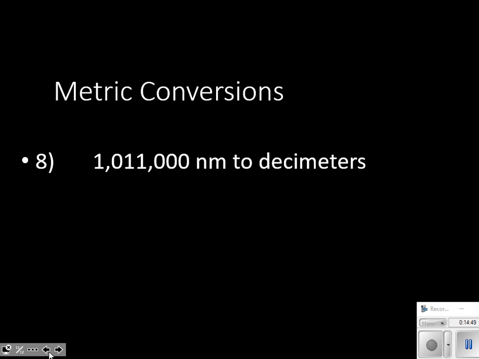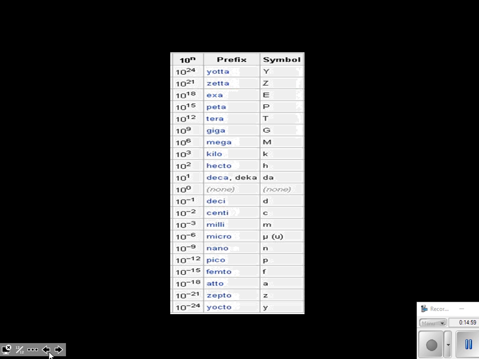Let's go one here. Nanometers to decimeters. There's nano. There's decimeters. So how many jumps am I making? Anyone? 8. I'm making 8 jumps. What direction am I jumping it?